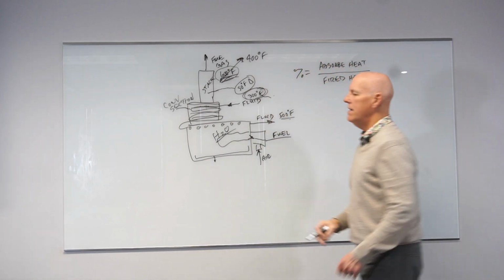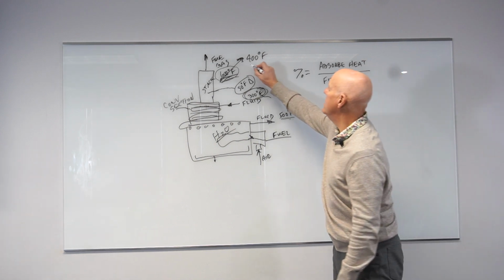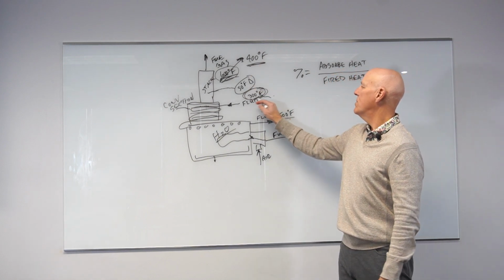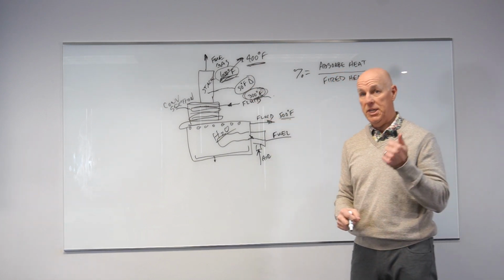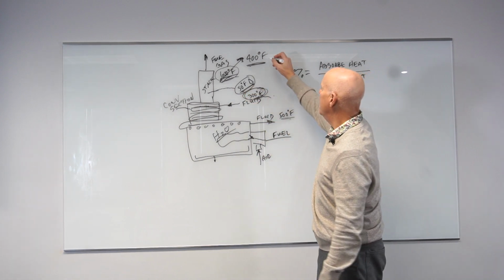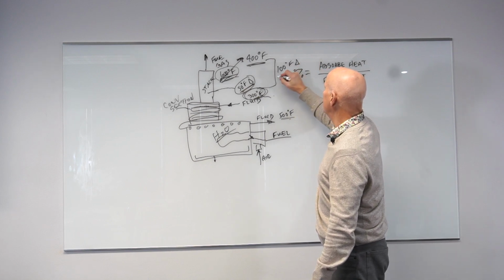The question is, is this a realistic temperature to get to if I've got 300 degrees coming in? The answer is yes. I said you can't go below 50 degrees delta, and this is 100 degrees delta, and that's good.